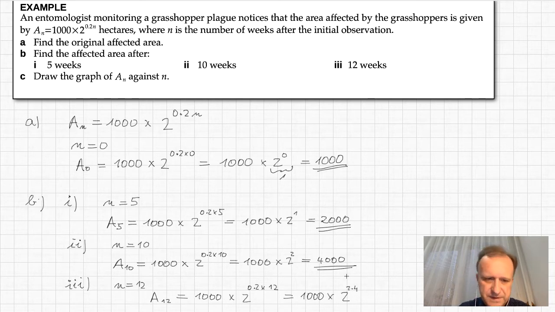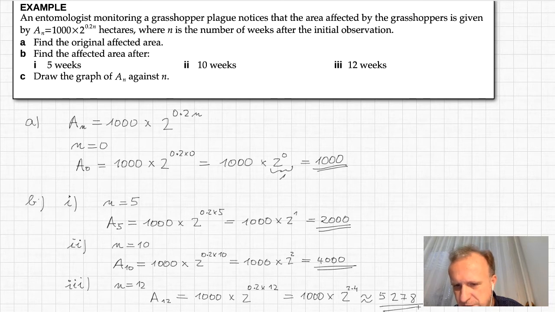To evaluate this, I use the calculator again. 2 to the power of 2.4 gives 5.27, and now I multiply by 1000 and get 5,278 hectares. This is just an approximate answer because the number seems to be irrational, so here I will use this symbol to say that this is just an estimate of the affected area.